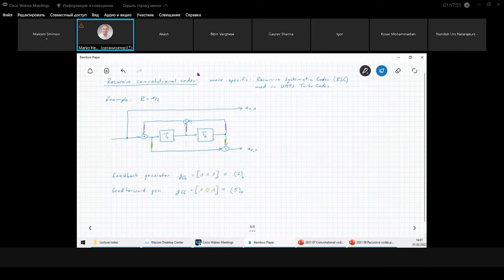Highlight this. And here for this first bit, we have the systematic output. Remember the systematic block code.